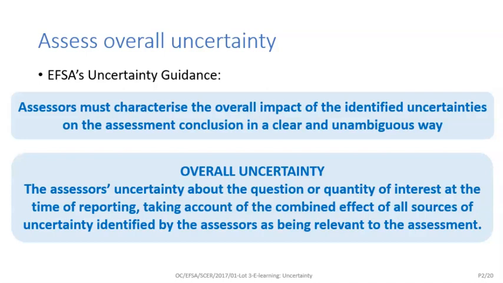Note that this definition refers to your uncertainty at the time of reporting, recognizing that your uncertainty might change if you had more time or obtained more information. Also, it makes clear that you should focus on the uncertainties you can identify. You're not being asked to assess uncertainties you don't know about, the so-called unknown unknowns.